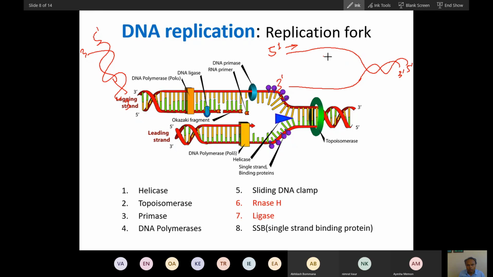But it is from 5' to 3', right? The direction will be from this to this, because this is 5' and this will be 3'.